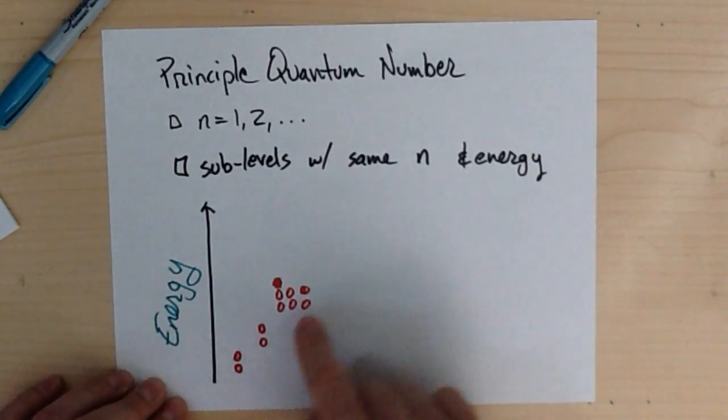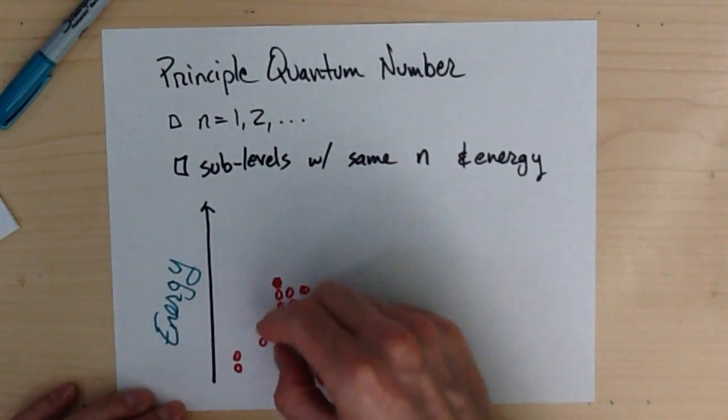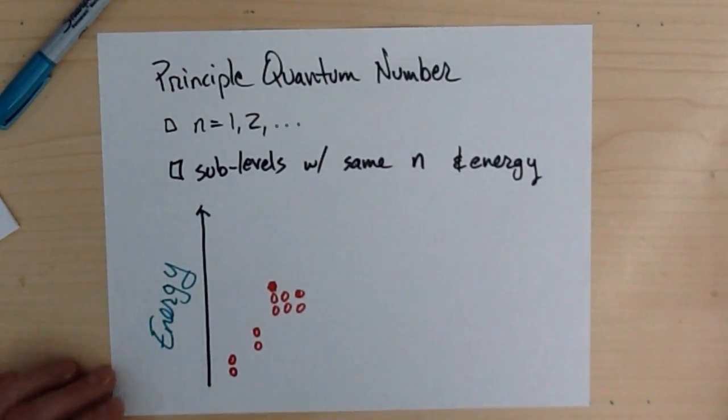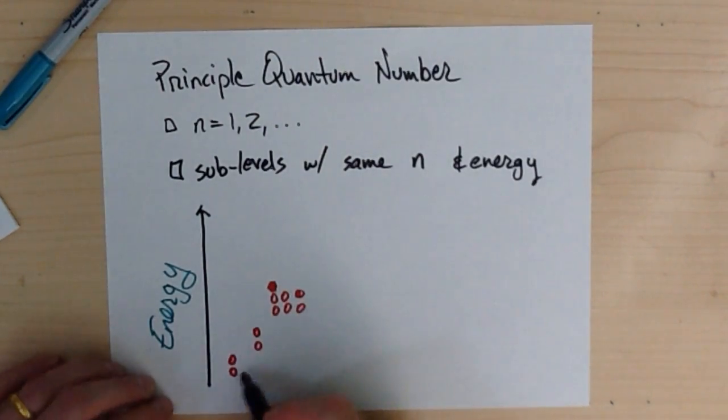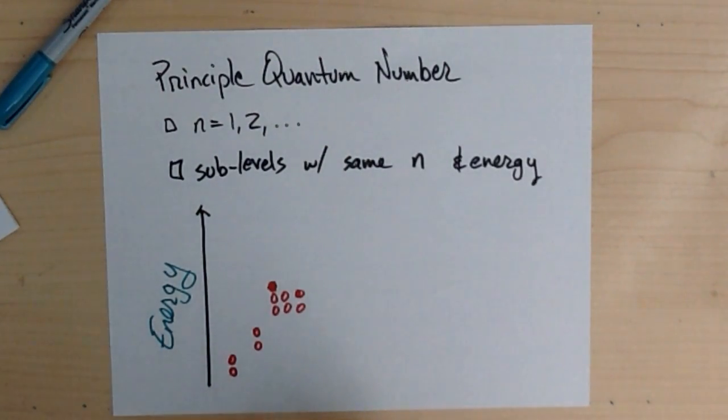But why am I drawing them this way? Well, it turns out that there are groupings of energies into the same energy level, and that's what these would be, and they come from the different orbitals.